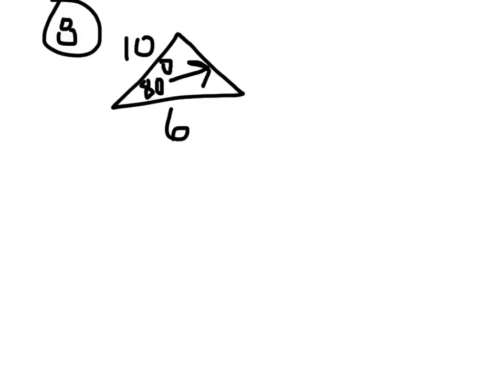In example 8, I can use the law of cosines to find the side across from the angle. Anytime we have two sides and the included angle, that's a law of cosines problem, and I can find the side across from the angle.